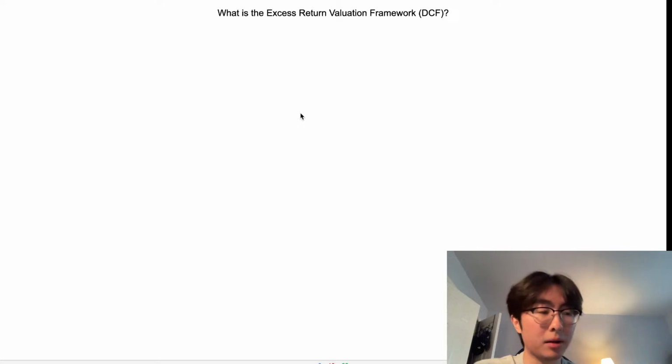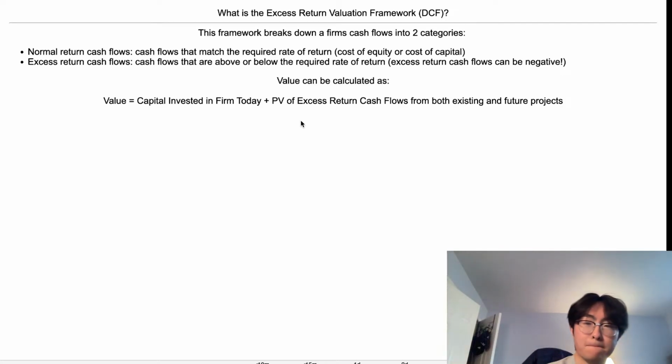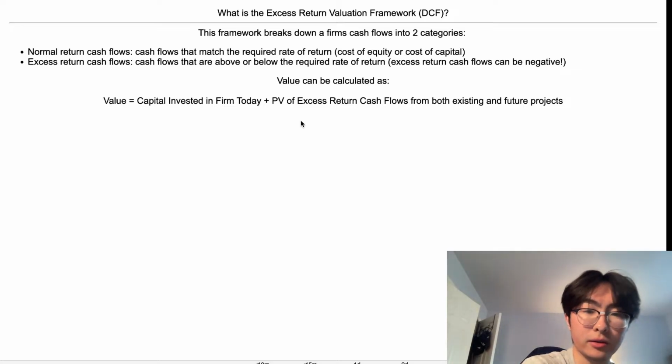And then anything below or above in our forecast for those cash flows that would relate to a higher or lower present value, those are the excess cash flows, cash flows that are above or below the required rate of return.